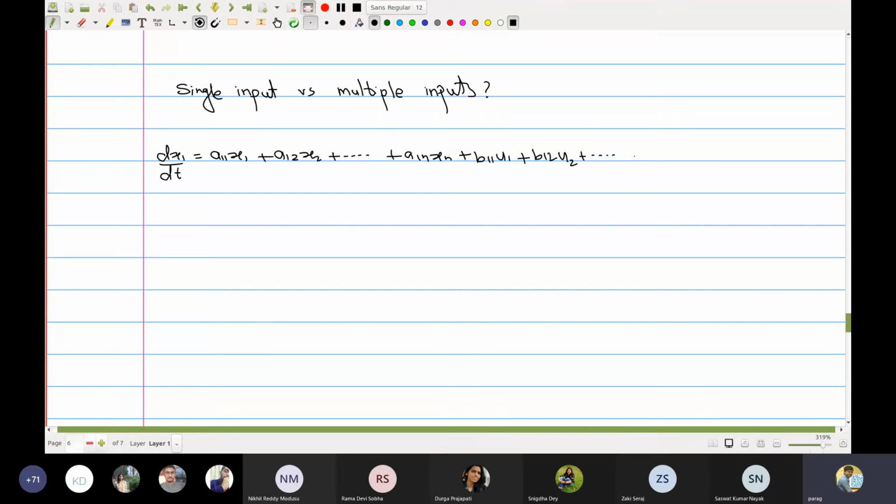There is no reason for it to be the same as n. So it will be b1m um. So you can write this for all of the n dynamical variables.